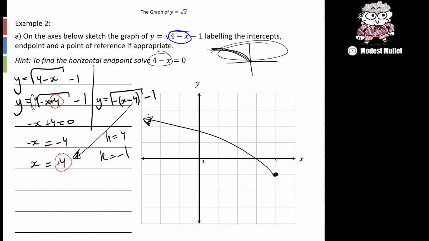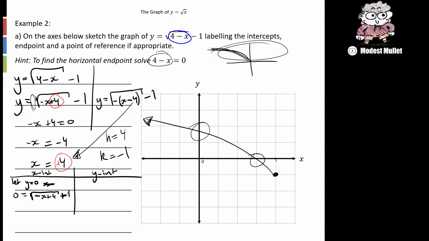What that tells us from our shape is that we must have an x-axis intercept and also a y-axis intercept. So let's go about finding those. For the x-intercept, let y equal 0. So we get 0 is equal to square root of negative x plus 4, minus 1. Let's use our negative x plus 4 version.